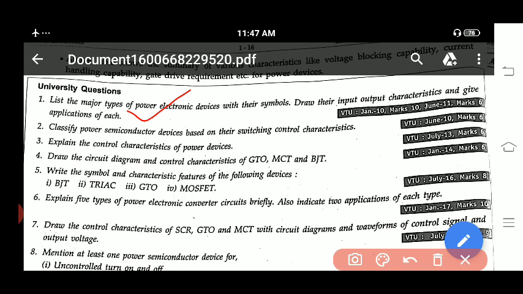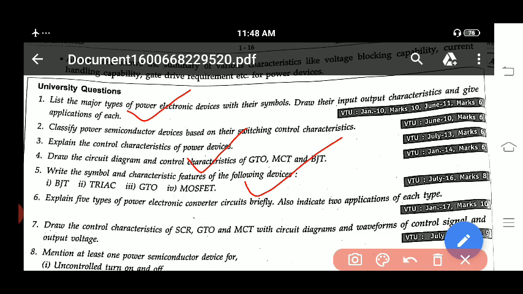Explain control characteristic of power devices. Draw circuit diagram and control characteristic of GTO, MCT and BJT. Write symbol and characteristic features of BJT, triac, GTO, MOSFET.